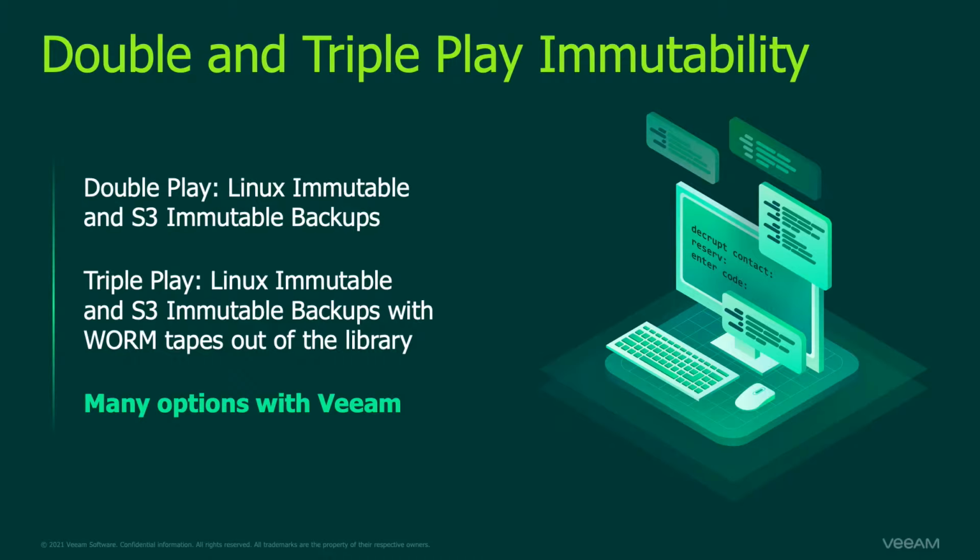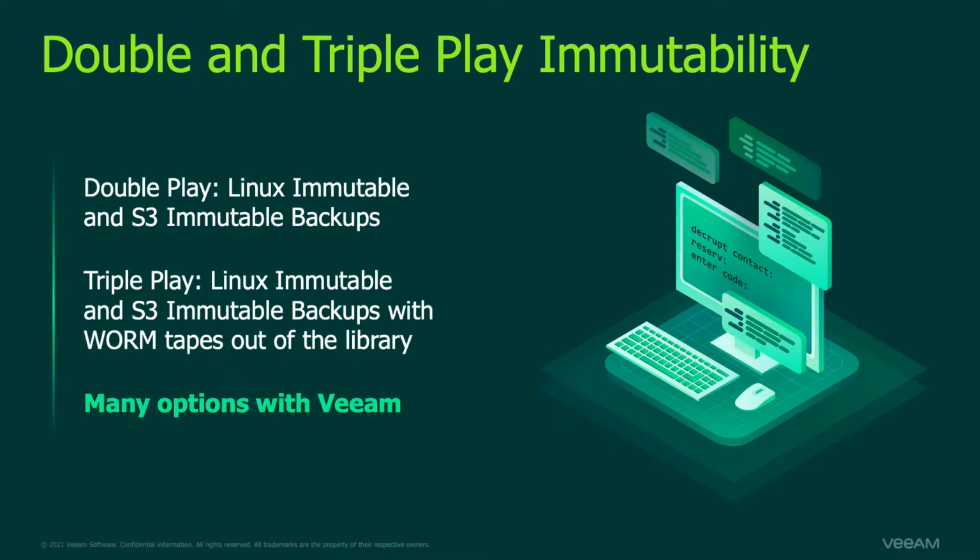Linux immutable backups, which is a new feature in version 11, and S3 immutable backups. That is a really easy way to have 2 immutable copies. And then, of course, if you want to throw in one more, we have the archive tier in the SOBR, and then we can work with WORM tapes out to the library.